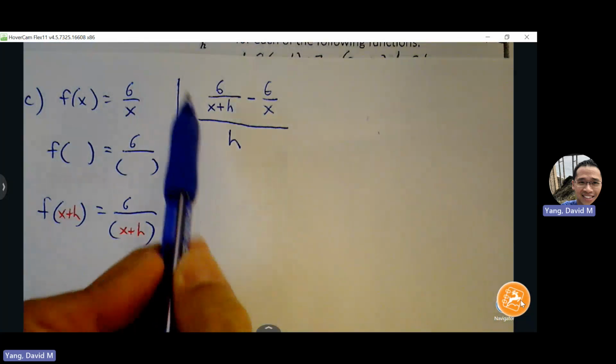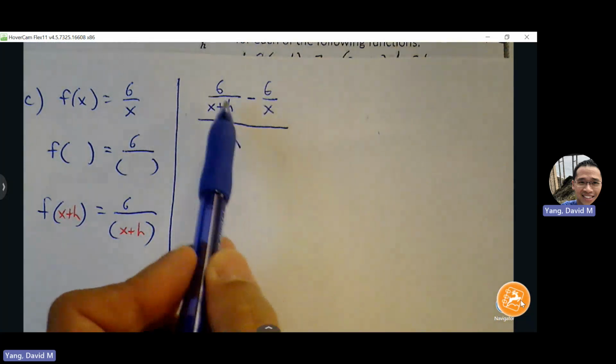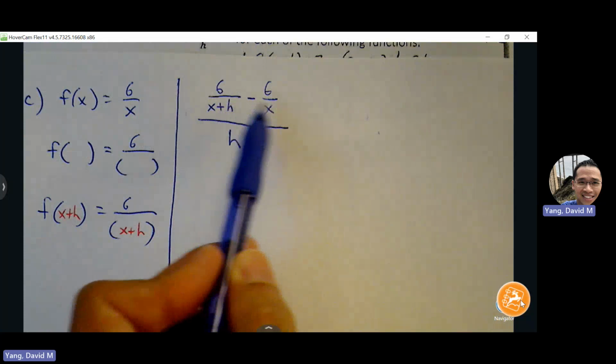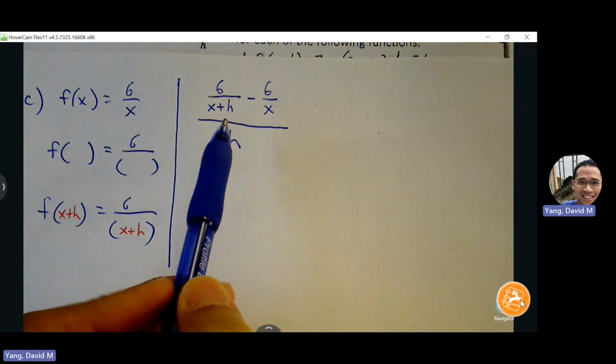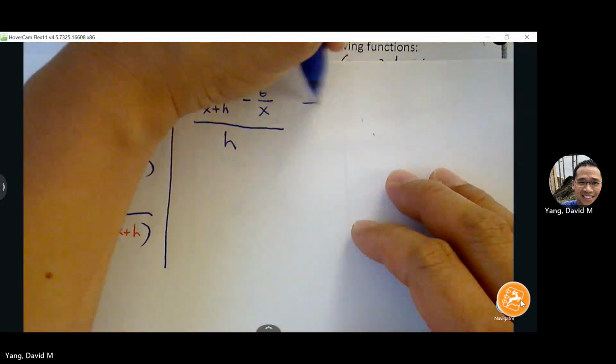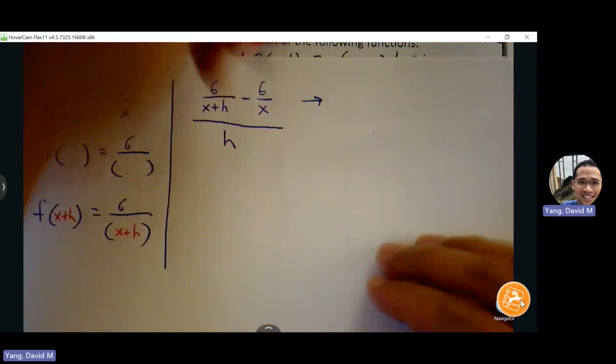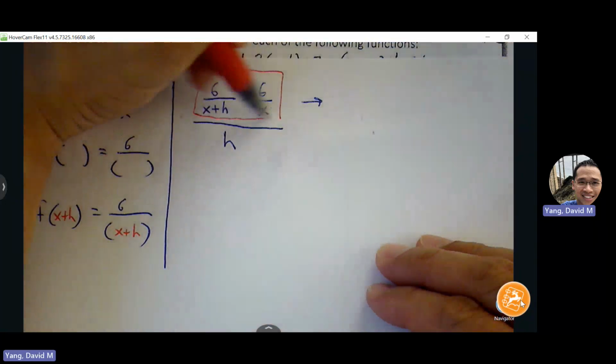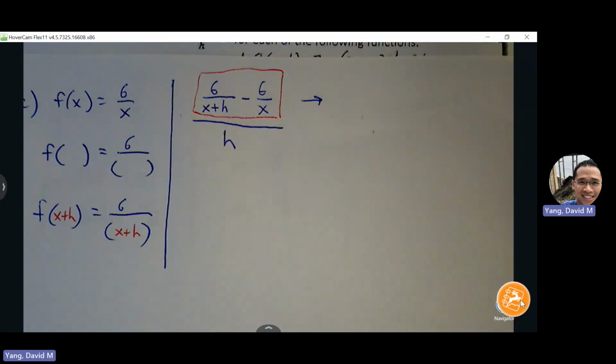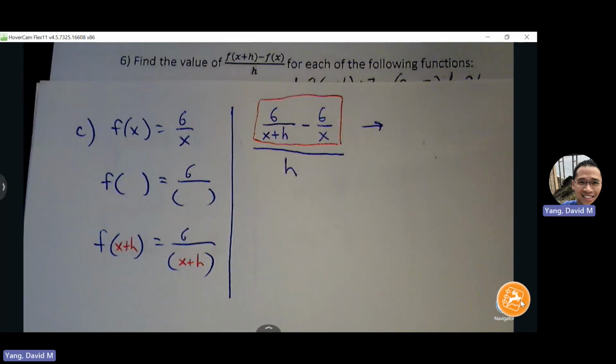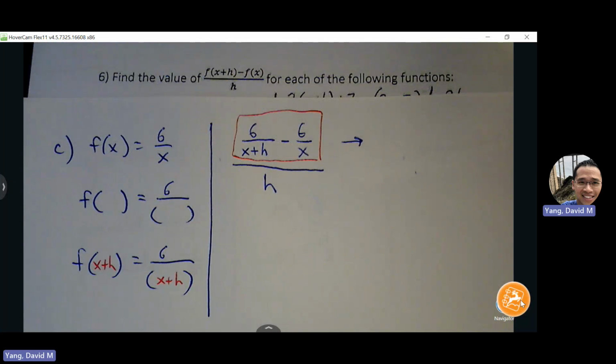Okay, so the way we clean this up is we want to merge these fractions together. So we're going to do common denominators. Okay, so we're just going to focus our attention on this piece right here. How do you get the two different fractions on the top?